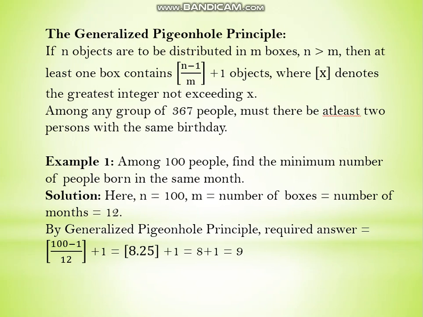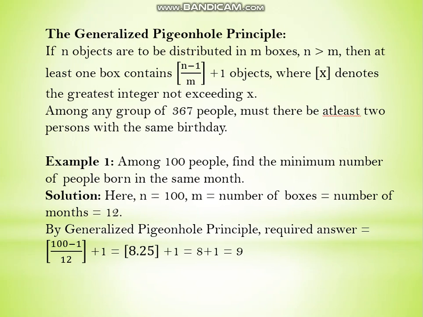Now by the generalized pigeonhole principle, it is not just about at least 2. We are going to get the exact number of people born in the same month. So it is (100 minus 1) by 12, plus 1. So 100 minus 1 is 99, divided by 12 is 8.25. The integral part is 8. So therefore there will be 9 people who were born in the same month.